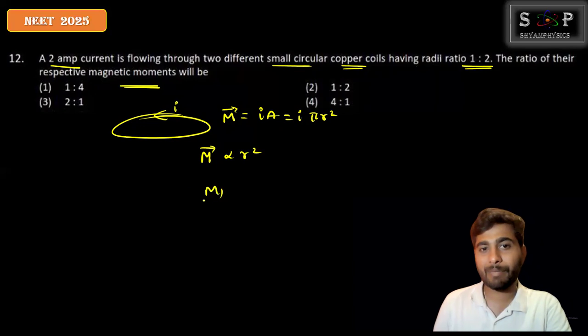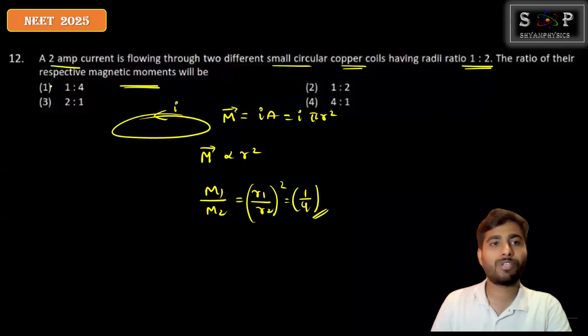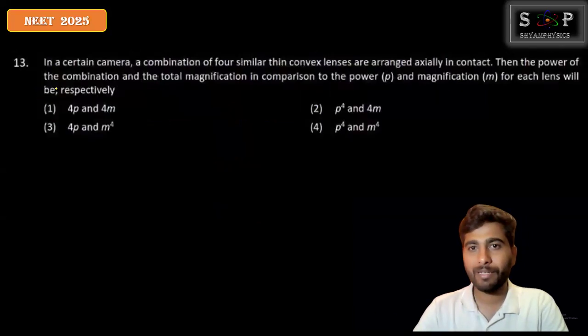So m1 by m2 equals r1 by r2 whole squared. R1 by R2 is given as 1 by 2, so the answer is 1 by 4. So option 1.